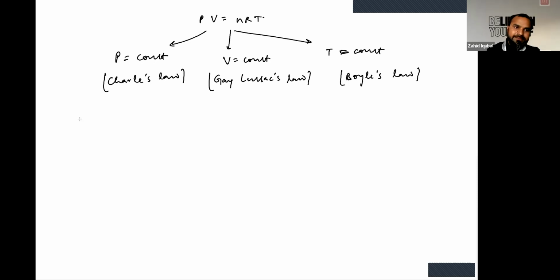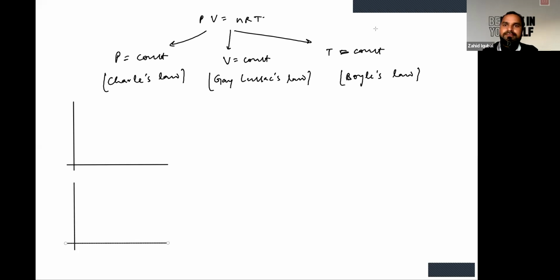So for the first part, if you draw the variation of gas, how will you define Charles' law? You will say, if a process is carried out at constant pressure, then volume and temperature will be directly proportional to each other. So let's say you have to plot the graph of pressure versus volume.